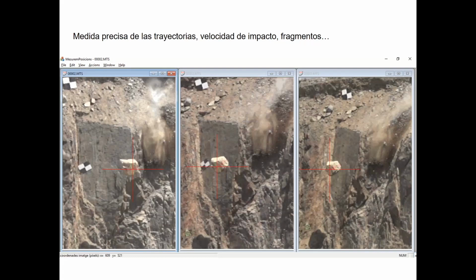As you can see, we got high resolution and high velocity videos from 3 different points around the slope. In this way, we were able to reconstruct the trajectory meter by meter.